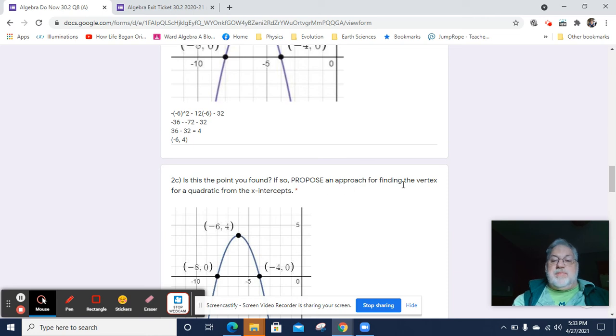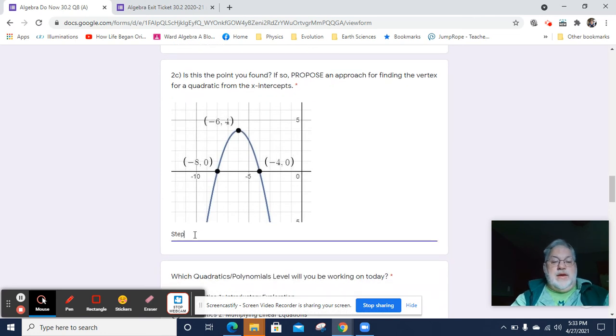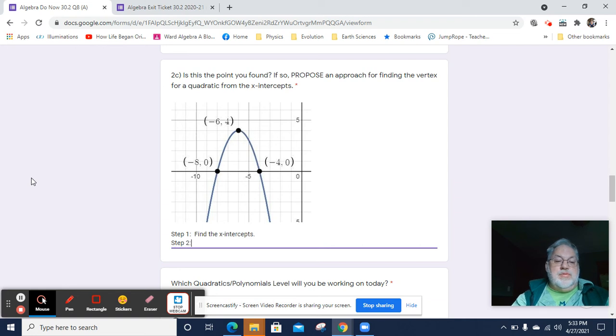So we found the vertex. Let's propose an approach to finding the vertex for a quadratic from x-intercepts. Step 1, find the x-intercepts. If you don't have them, you won't be able to do anything with this. Step 2, average the x-intercepts.